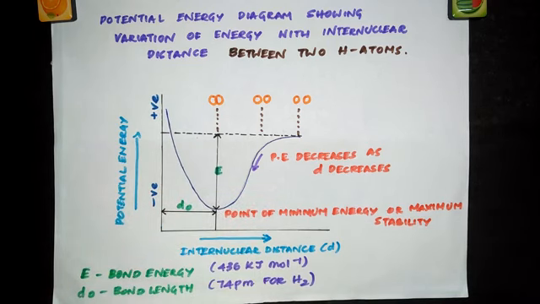And remember, in the formation of a chemical bond, a certain amount of energy is released. So if you want to break the bond, that is, to separate the atoms, you have to supply the same amount of energy which was released when there was a bond formation. So a stronger bond is one which requires greater energy for the separation of atoms.